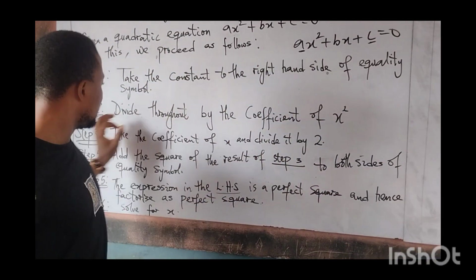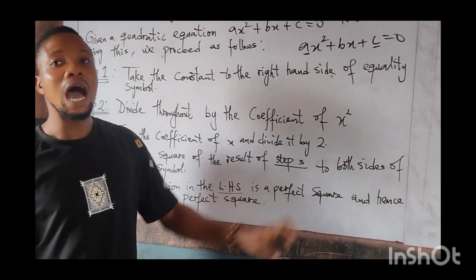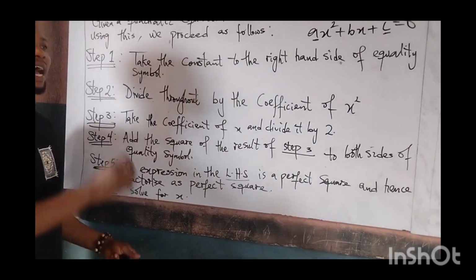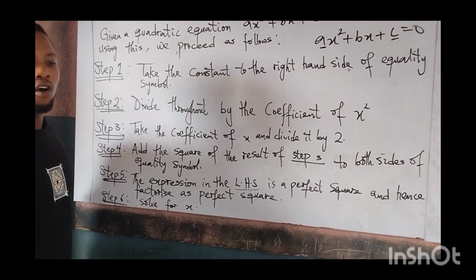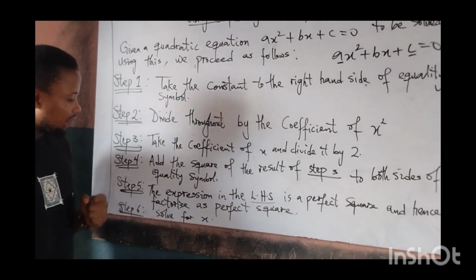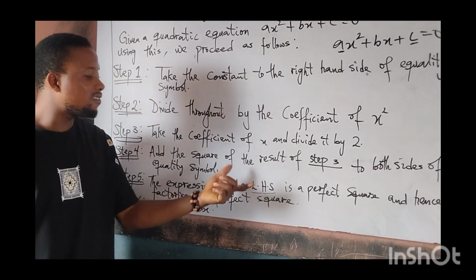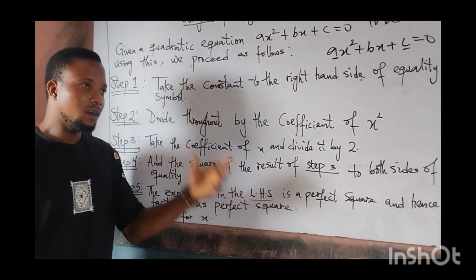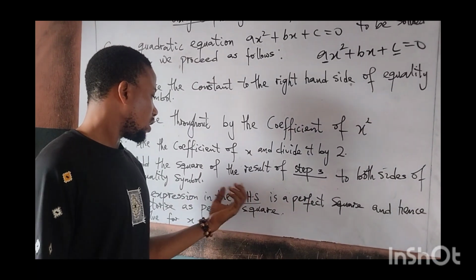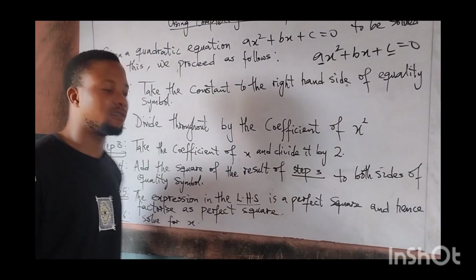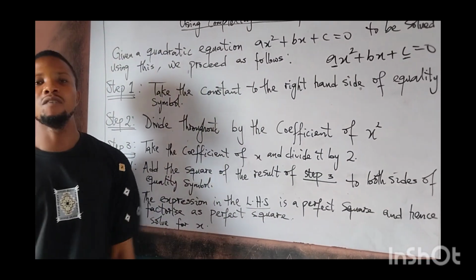The result of step 3, you now add the square of it to both sides of the equality symbol. Step 5, the expression in the LHS, the left hand side, is a perfect square and hence factorized as a perfect square.